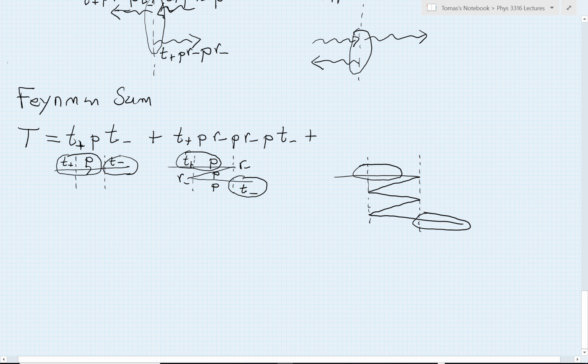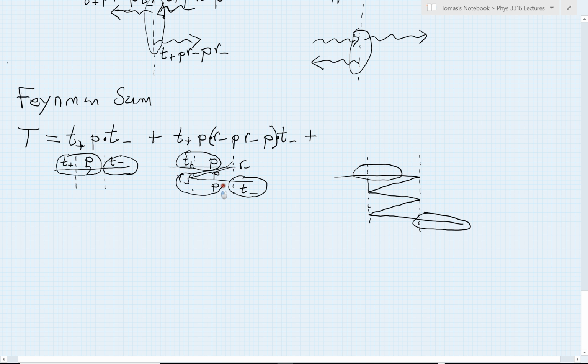So then what I think I can do is organize my terms that way. They all start with a T plus P. So let me put a little dot here to separate them. They all start with a T plus P and they end with a T minus. This one does as well. It has a T plus P and then it ends in a T minus, which I will separate out. And then this term that's in the middle evidently represents the rest of this process, which has this ricochet.